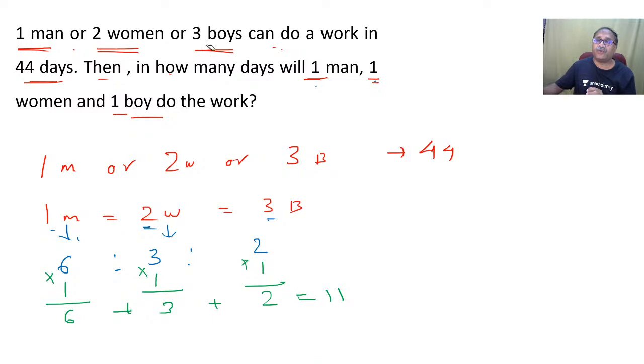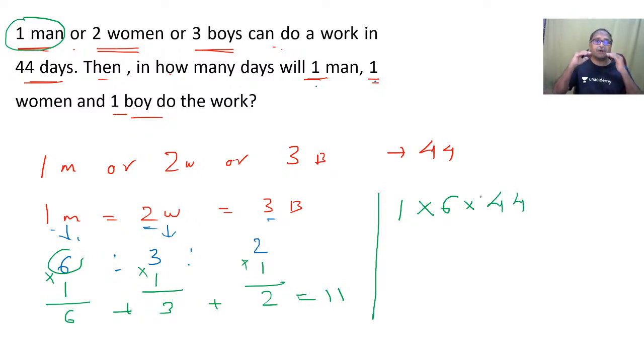Now what I know is, if the efficiency is 11, how many days will it take to complete the work? Now first, what is the work here? I will write on here. Now I will take the work in terms of men. 1 man, then 1 into, what is the efficiency of a man? 6. So into 6, and how many days? That's 44.